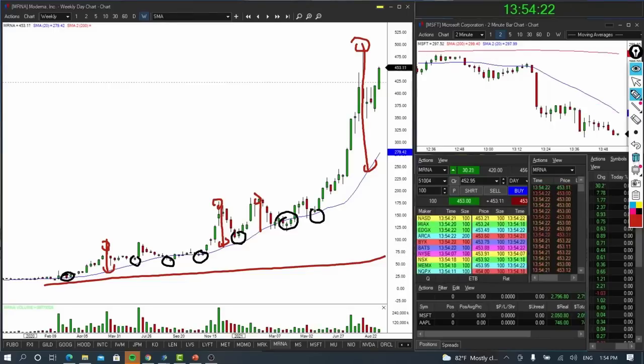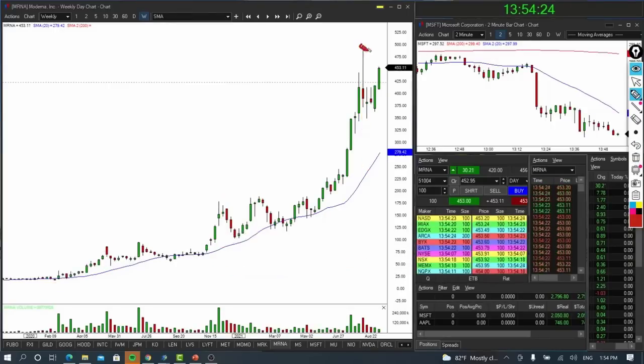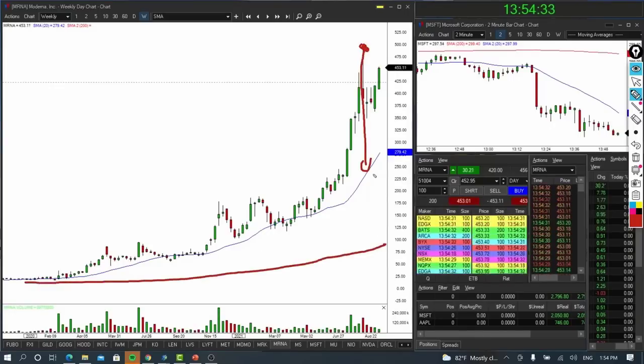Here, Moderna is far away from the 20, and assuming the 200's here more or less, it's even further away from the 200. Look at the space between the stock and the 20, and look at the space between the stock and the 200.